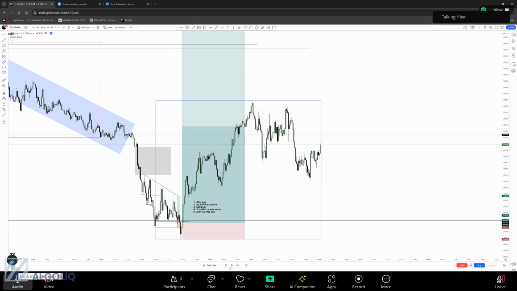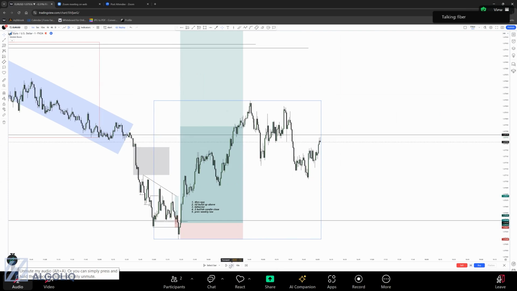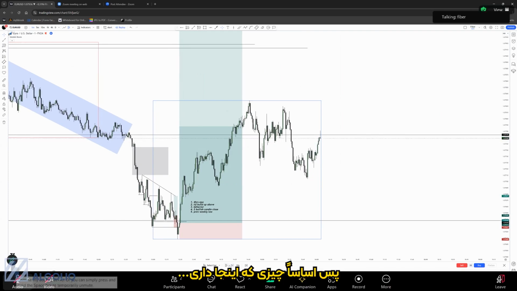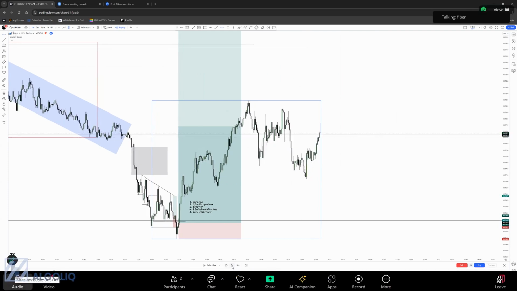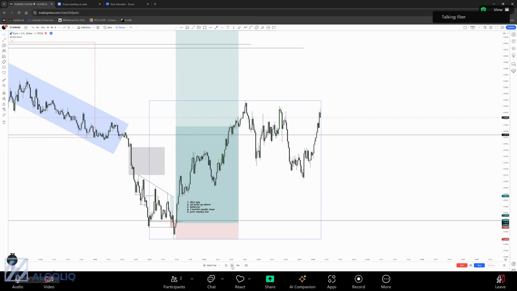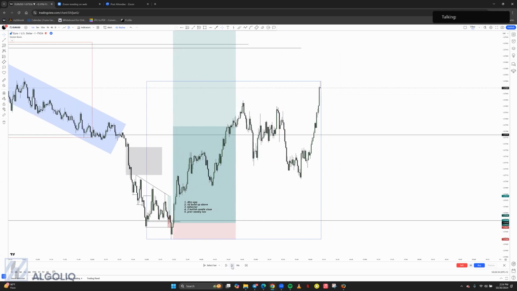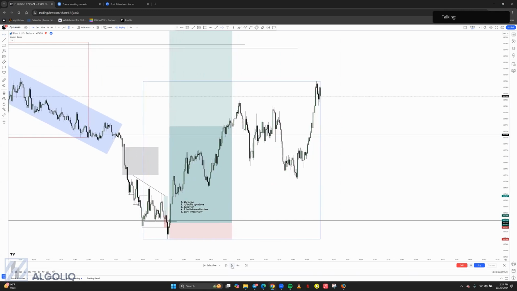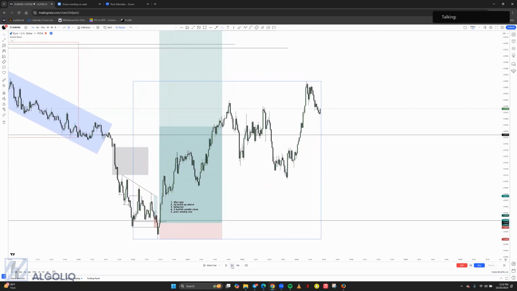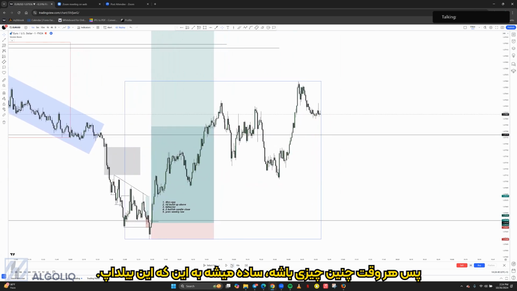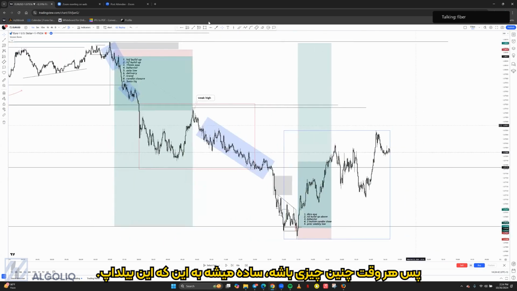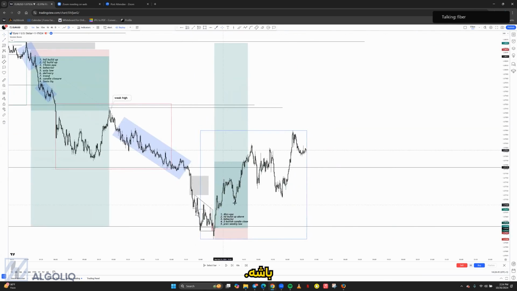Let's see. So basically, what you have here is... So whenever I see something like this, it simplifies what they build up.